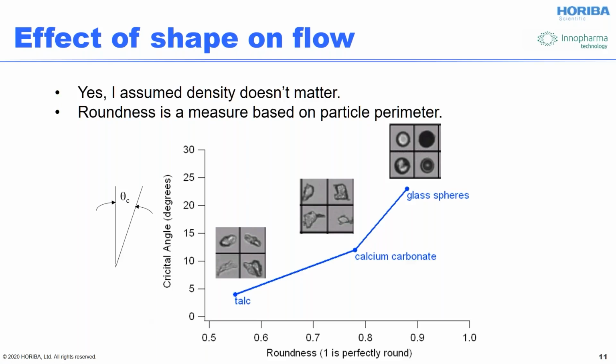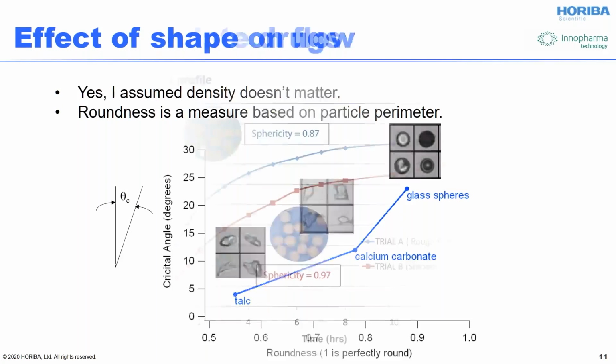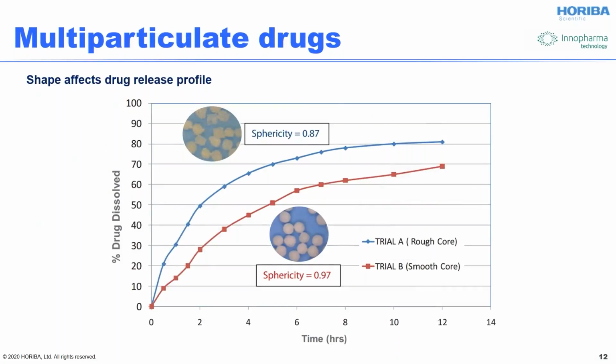So there's a real connection between your particle shape and how it flows, which can affect things like die filling. In terms of solid dosage forms, your particle shape can affect the drug release profile. I plot on the left percent of drug dissolved as a function of time for 2 different multi-particulate formulations.